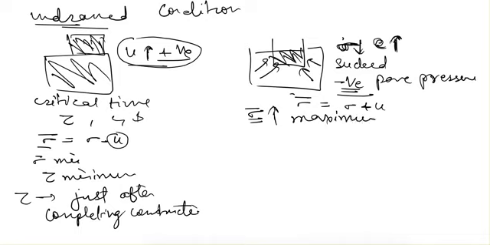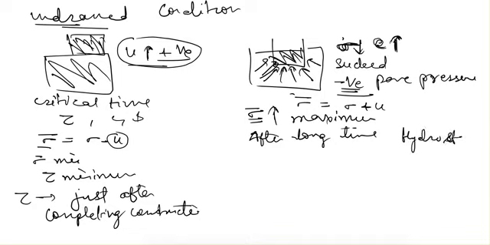But because of this negative pore water pressure, water will be sucked into the soil, and after a long time, after sucking so much water, the hydrostatic condition will prevail.